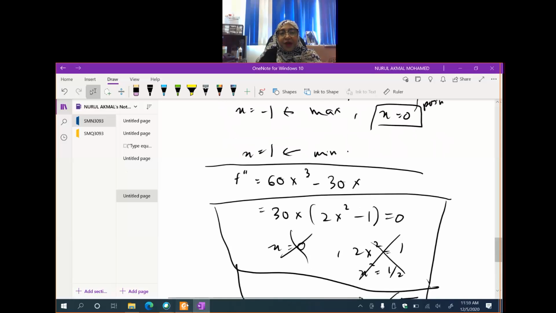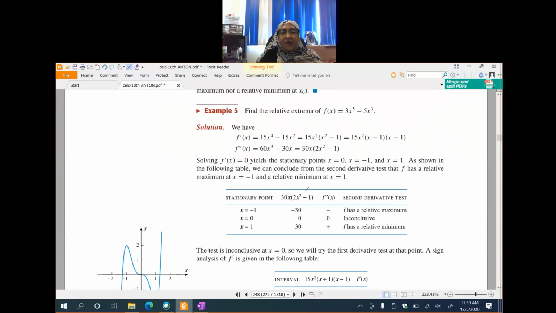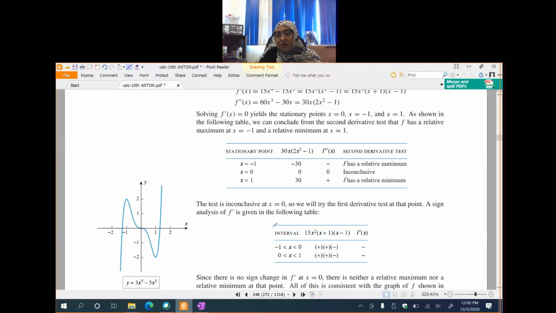And then for x equal to -1, x equal to 0 and x equal to 1, for the second derivative test you don't have to write in terms of interval. For the first derivative test, yes, the table should be the interval, because you want to find the behavior before and after the points, whether it is decreasing or increasing.